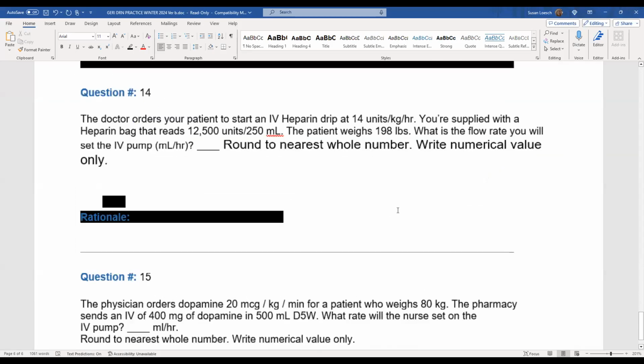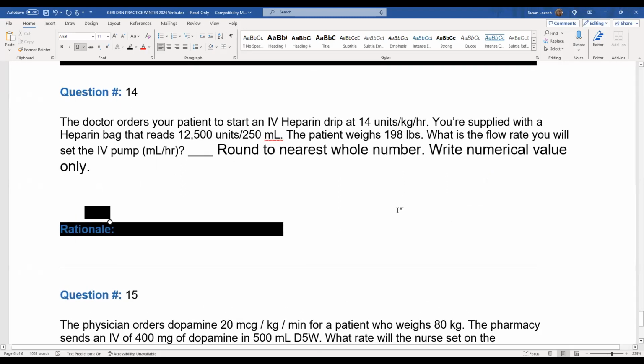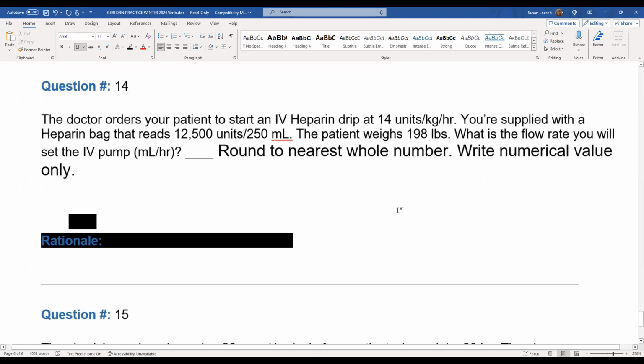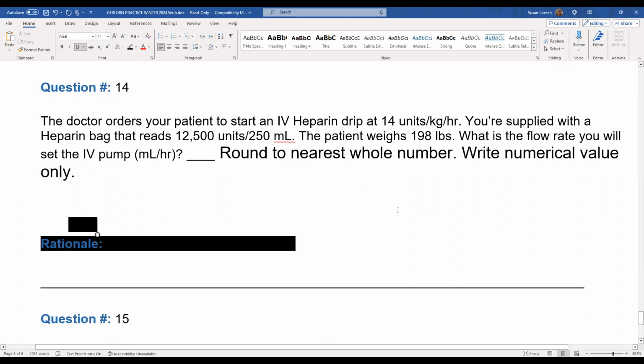Okay, try number 14. Can you see it? Yes.